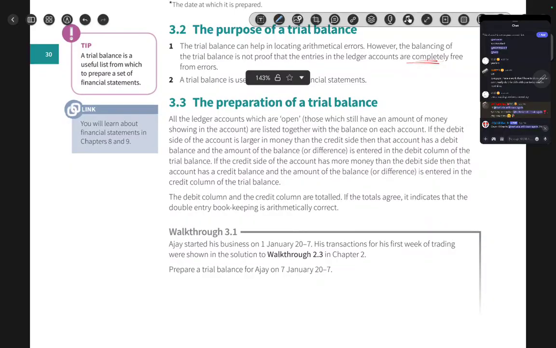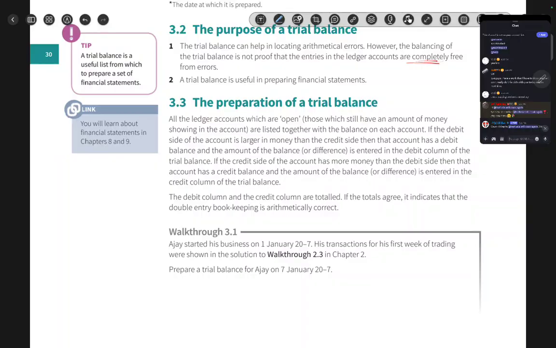The preparation of a trial balance. All the ledger accounts which are open are listed together with the balance on each account. Basically, what's happening here is that you have to balance the account. Let's just read it. All the ledger accounts which are open, those which still have an amount of money showing in the account, are listed together with the balance on each account.